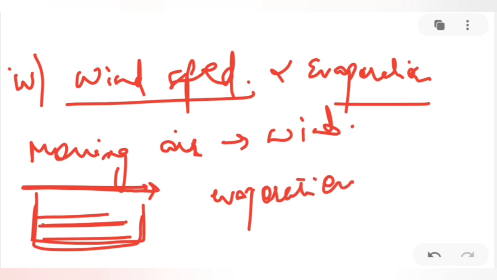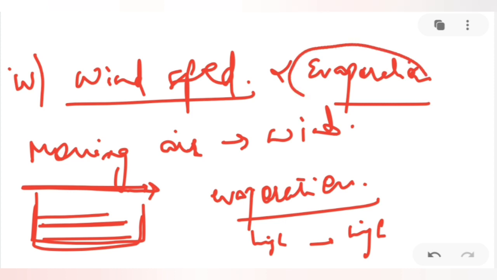Hence, water will evaporate. If the speed of wind is high, the evaporation will also be high, and if the speed of wind is less, the evaporation will also be less. So we can conclude that the speed of wind is directly proportional to evaporation. I hope this is clear to you all. It's just a simple topic.